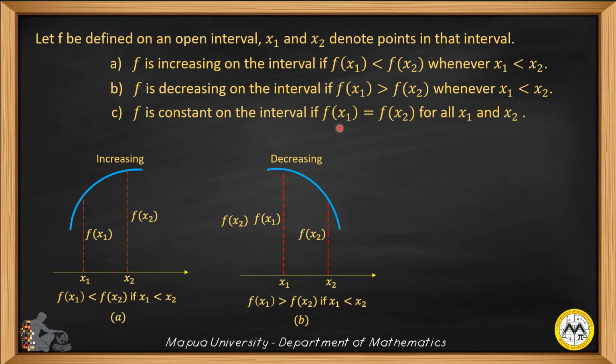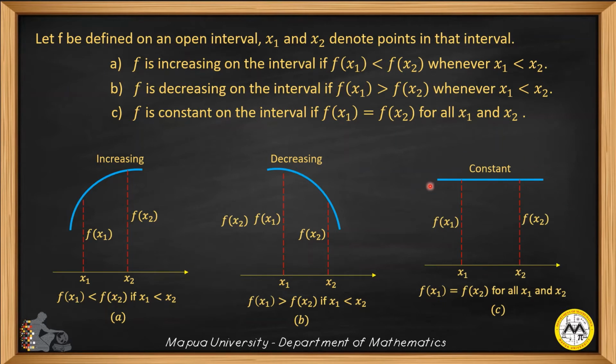But if f of x sub 1 is found to be equal to f of x sub 2 for all x sub 1 and x sub 2 in the interval, then the function is said to be constant. That will be illustrated by this graph here, where the blue graph is the function y equal to f of x, and notice that in the direction of increasing x, the y value or f of x value is held constant at a particular value, indicating that the function y equal to f of x is a constant function.